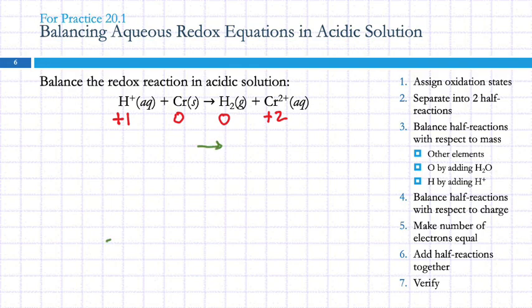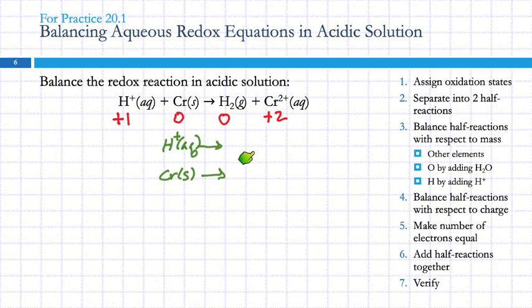So I'm going to have H plus aqueous. And then I'm going to have another one with Cr solid. So each of these reactants is going to get its own half reaction, which makes sense because we see the hydrogen is being reduced and the chromium is being oxidized.